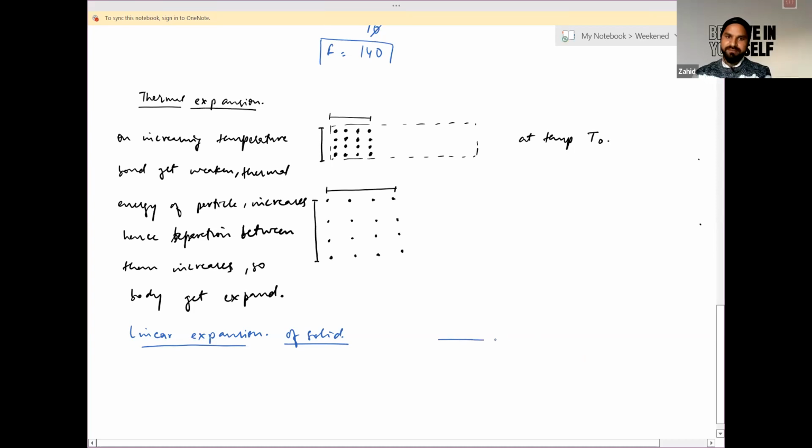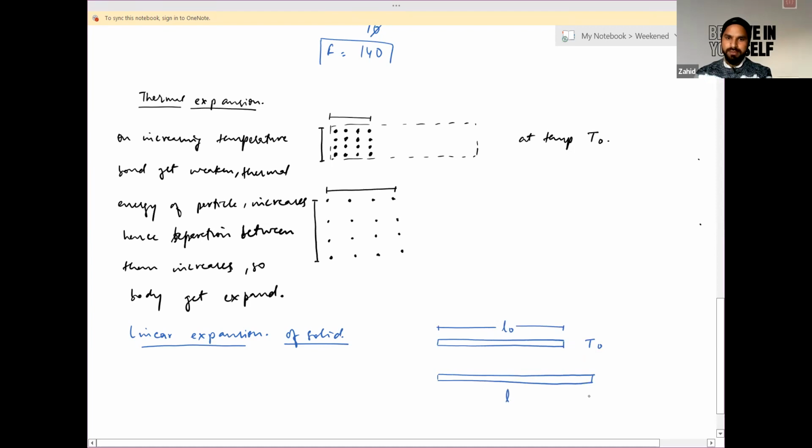Suppose we have a solid having length L0 at some initial temperature T0. On increasing temperature, the length of this object may change.